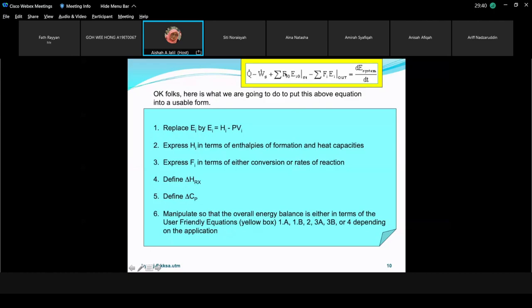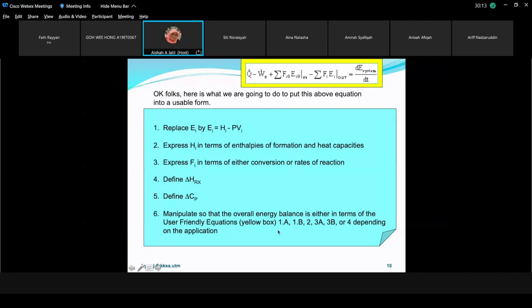And this is for E, the energy. You express this one with this, and then the F with this, and then define the delta H_RX, and then define the delta C_P. Lastly, you manipulate so that the overall energy balance is in terms of a user-friendly equation.